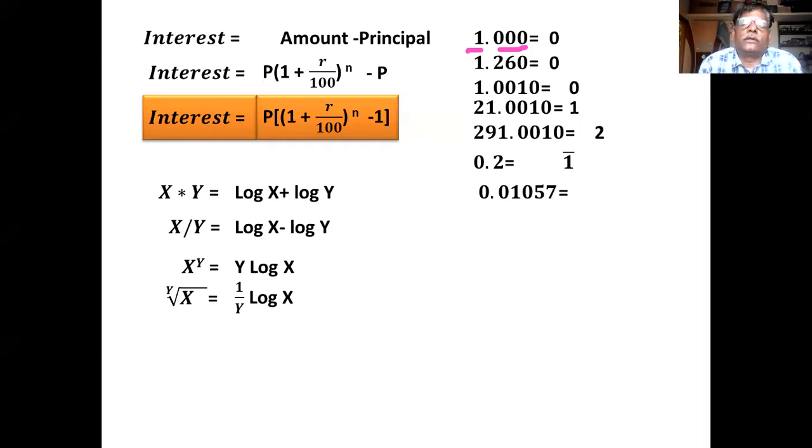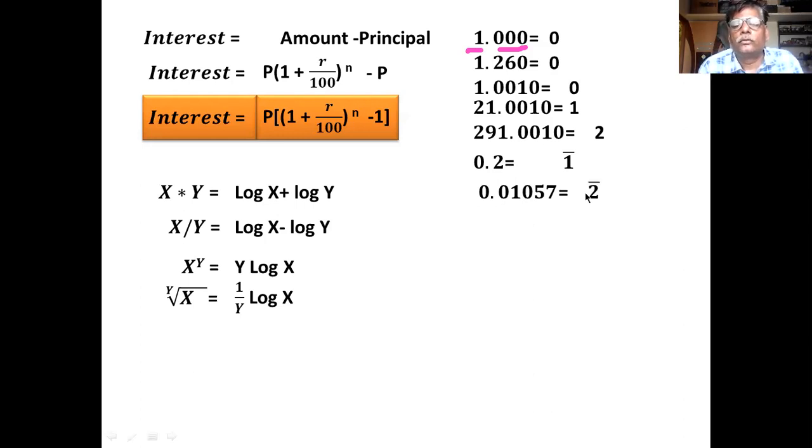Then what is the characteristic? Bar 2. Here there is no zero, the characteristic is bar 1. If there is one zero, the characteristic is bar 2.